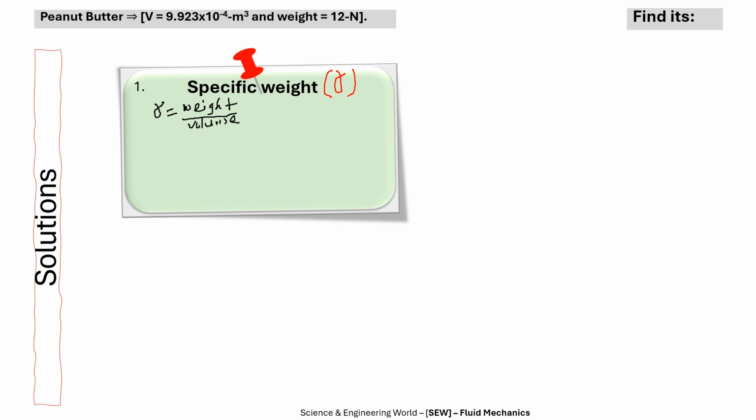So this gives us the weight we have as 12 newton, and then the volume we have as 9.9323 times 10 to the power minus 4.